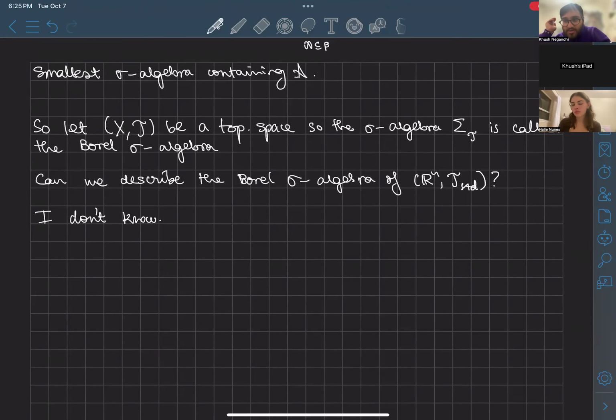I'll show that any countable set is Borel measurable. But to do this, I'll first show that a point is a Borel set. So in R, we will show the set {x}, just x, is a Borel set.